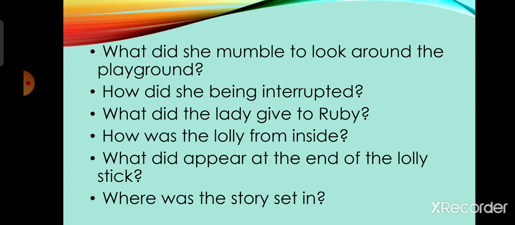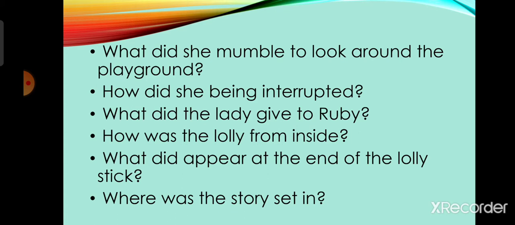And how was the ice lolly from inside? Absolutely right. It was green like the wrapper, but it seemed to glow from the inside. And you can see in the picture as well. Children, what did appear at the end of the lolly stick?